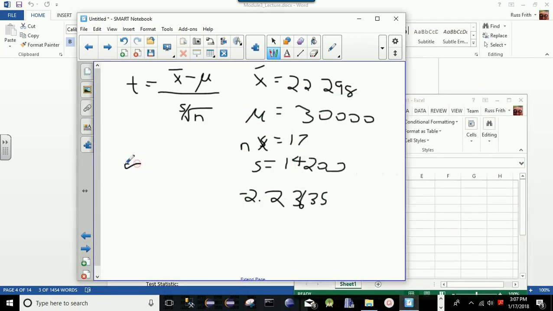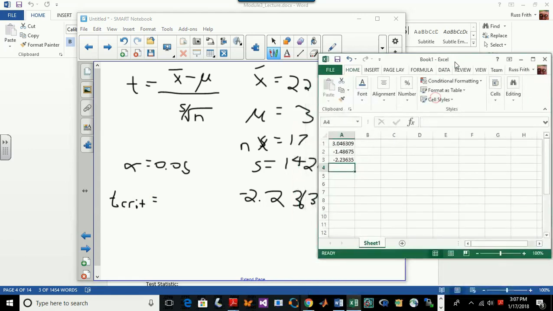So alpha equals 0.05. So our critical value, t critical. You'll have two critical values because it's a two-tailed test, and we can use the T inverse function. Remember, for the T inverse function in Excel, you do not have alpha, but if you were doing a table lookup, you would have to have alpha.